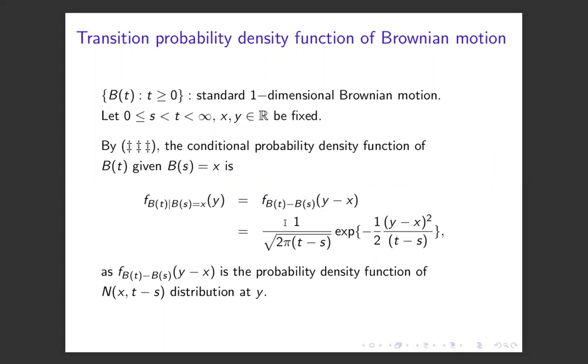This is the density function of, as a function of y with all the other things t, s and x fixed, the probability density function of the normal distribution with mean x and variance t minus s evaluated at y.